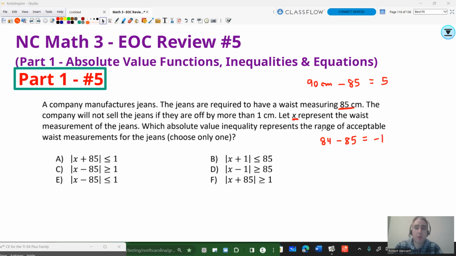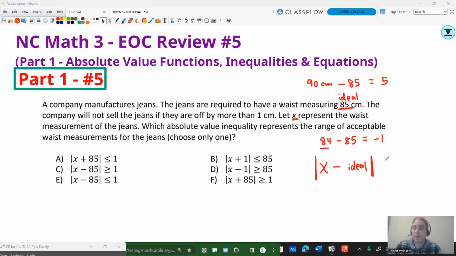So what we do is we call this waist measurement X, and we just subtract our ideal, what we want it to be. So our ideal is going to be, I'll just make a little formula here. And we wrap it in an absolute value because we don't say I'm off by -1, I just say I'm off by 1.